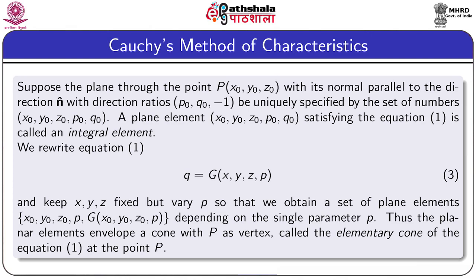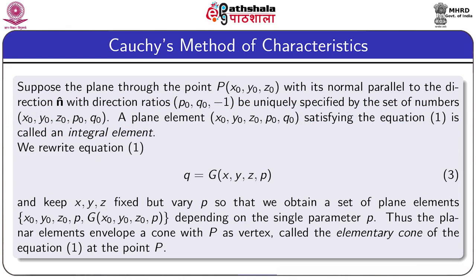Let us fix that direction in the direction n, which has the components p0, q0, minus 1. Therefore, a set of 5 numbers x0, y0, z0, p0, q0 always defines a unique plane.